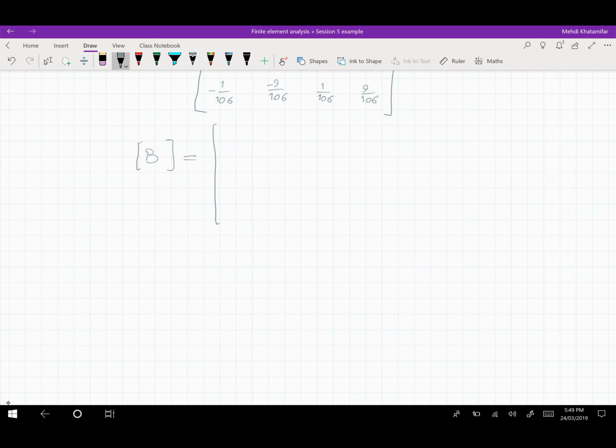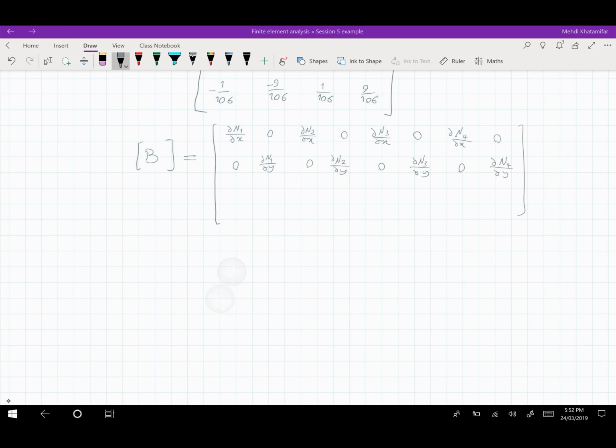The derivative of shape function number 1 over x, number 2 over x, number 3 over x, number 4 over x. So no, this one is 0 and 1 over y derivative and 2 over y.